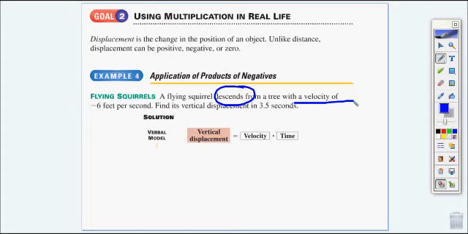So the displacement we have to find, so we're going to give it a variable. Let's give it d since we're talking about displacement. We know that that is going to be equal to the velocity, which we were told was negative 6, and then the time it took, which was 3.5. Just plugging it into the formula that they gave us.